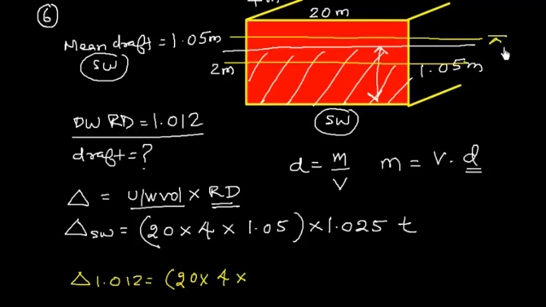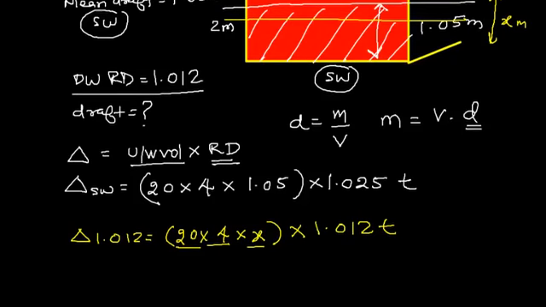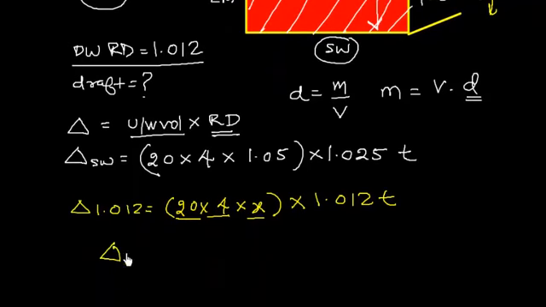So say the draft is x meter. So I write here x meter into the relative density. This is the volume, length, breadth, and draft, into 1.012 ton.